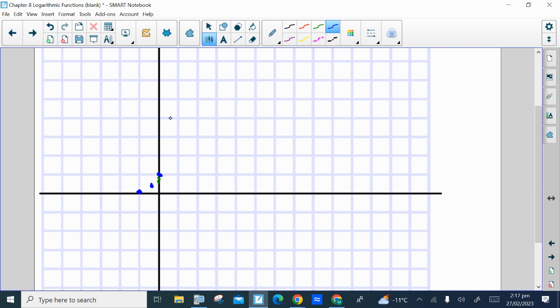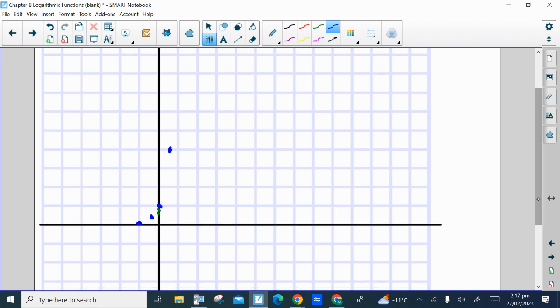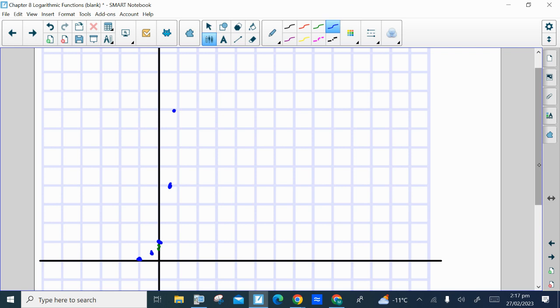0.6 comma 4, approximately right there. And then 0.9 comma 8. Approximately right there. And then we have 1 comma 10. Approximately right there. So this is the graph of y equals 10 to the power x.